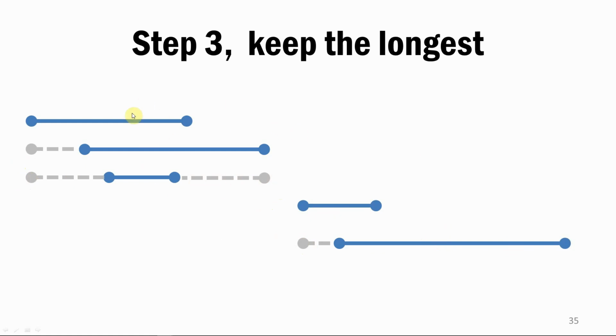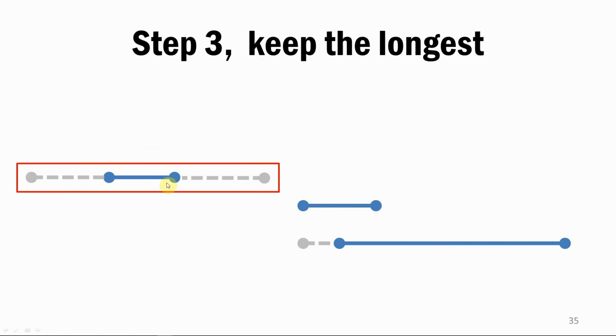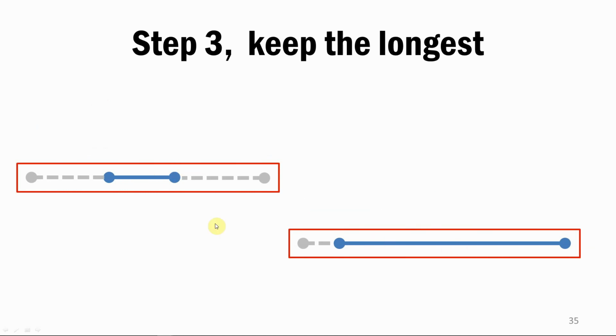So we're going to keep the longest among those overlapping ones, which is this one and this one. So now, in terms of the hospitalization period per se, we're going to have those adjusted periods that are going to take care of all of these overlapping periods.